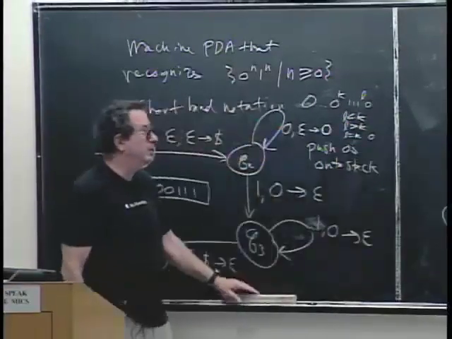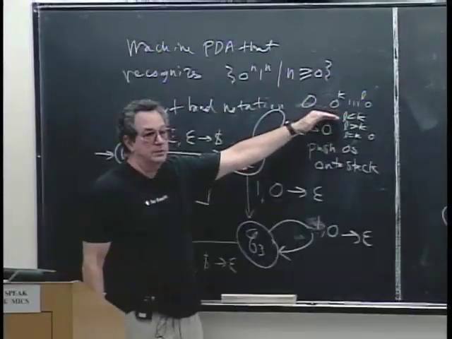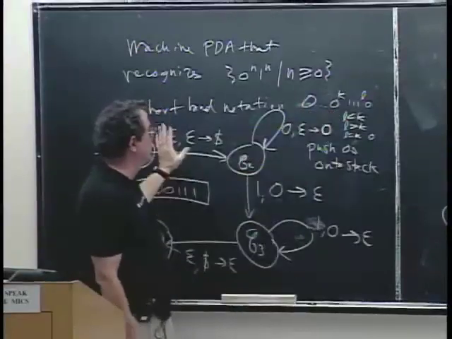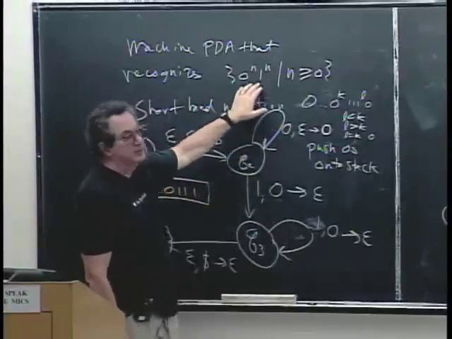And so these are all the cases, this is a way of describing all the possible sequences, in addition to the one that I already talked about, all the sequences that are not of this form.